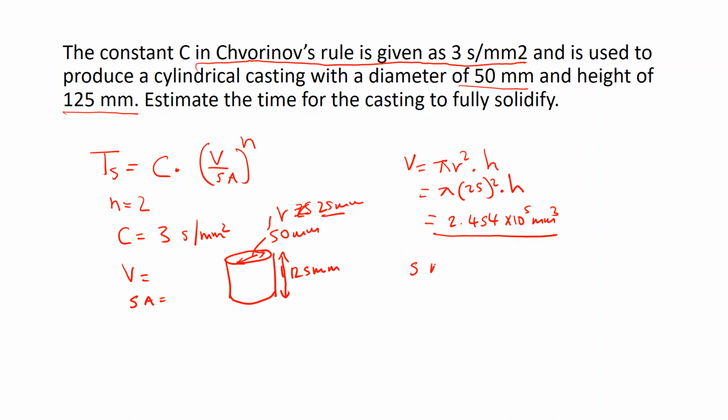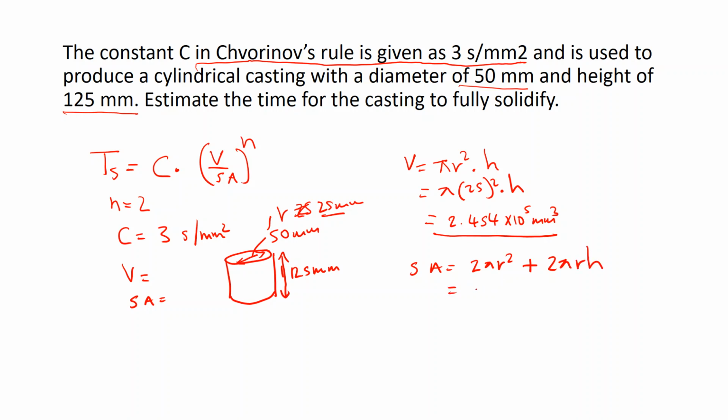Now the surface area of a cylinder is very simply given as 2 pi r squared, given there are two circular faces, plus the curved surface, which is 2 pi r h.